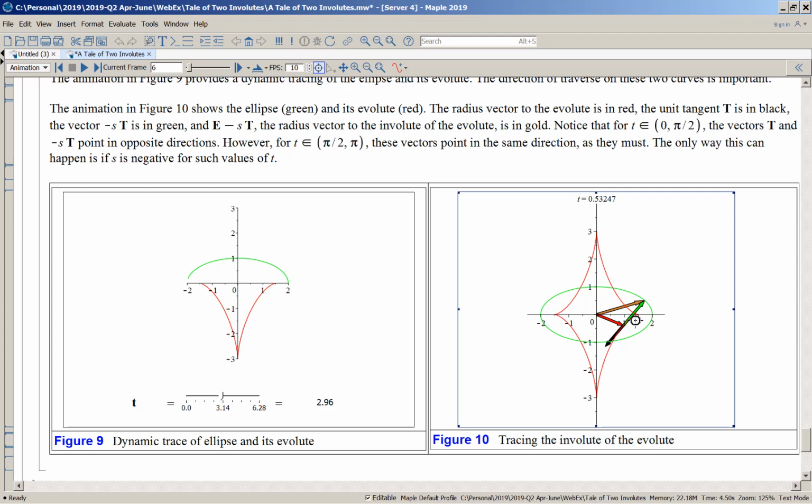The arc length, being positive, has a minus sign in front of it. It flips the direction of the tangent vector, and so the goal vector is now pointing back to the ellipse, and so the involute of the evolute is tracing the ellipse. But let's go a little further. Let's look over here.